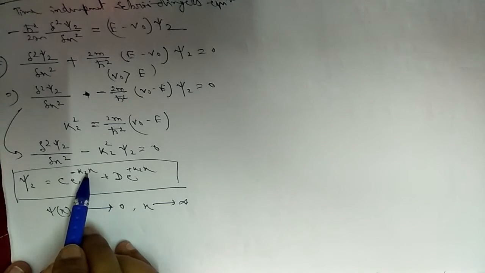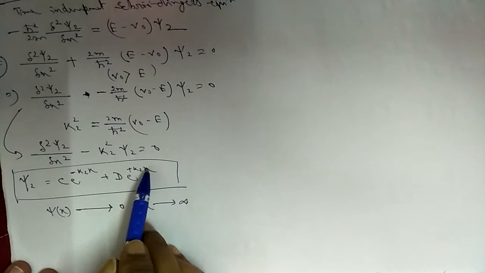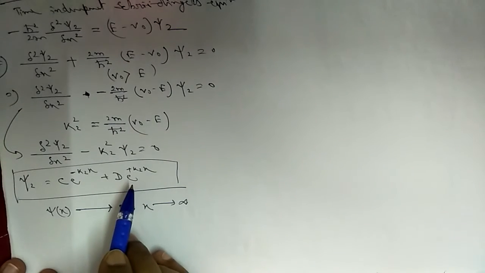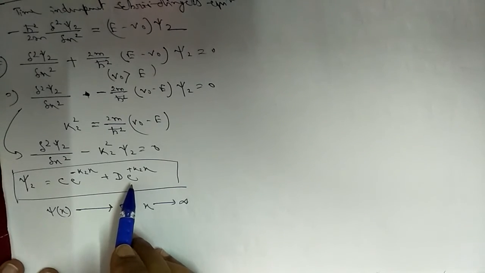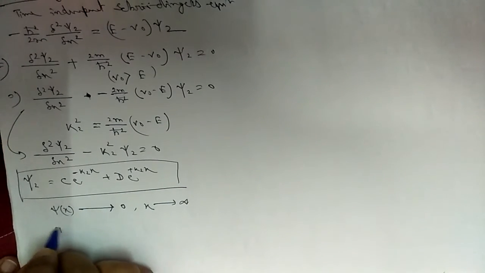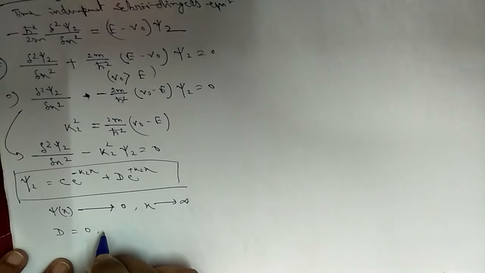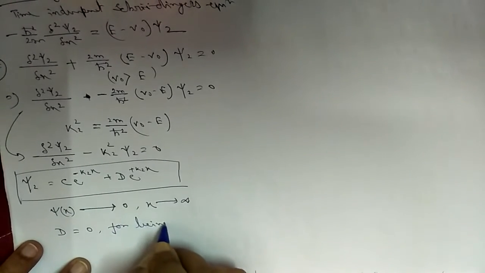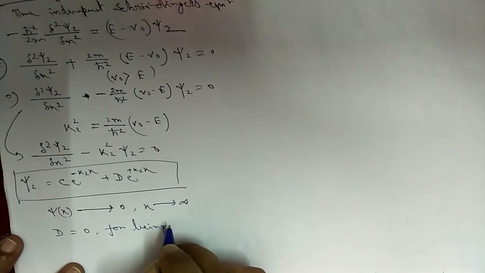So C e to the power minus infinity is 0, but here you will get e to the power plus infinity, which is not 0. So it is violating the physical significance of a wave function, and it is violating the rules of behaving like a wave function. So the only possibility is that D must be equal to 0 to be considered as a wave function.